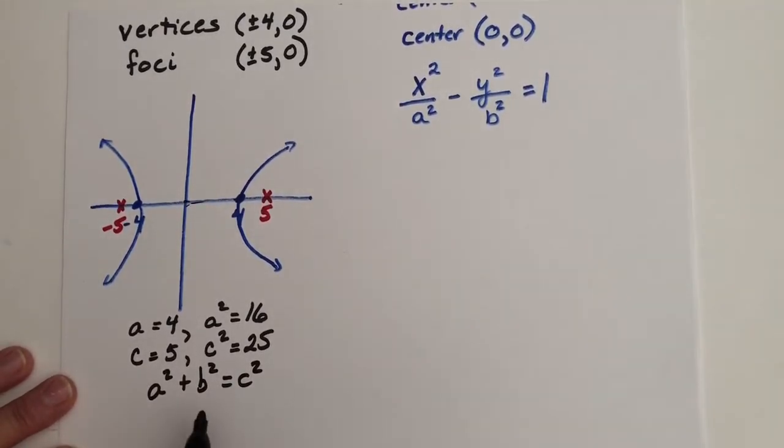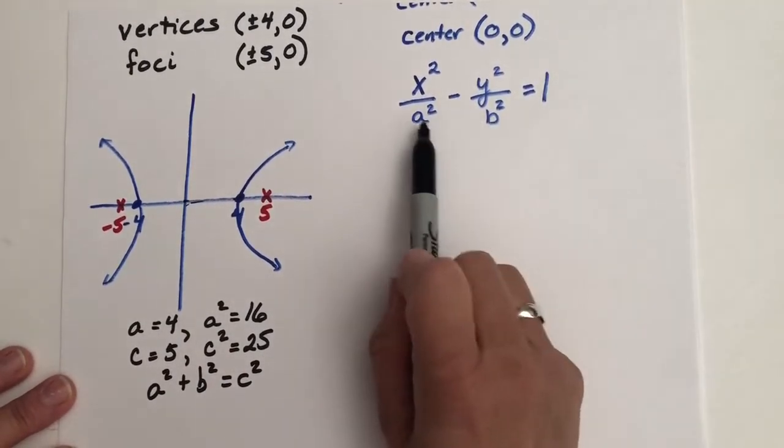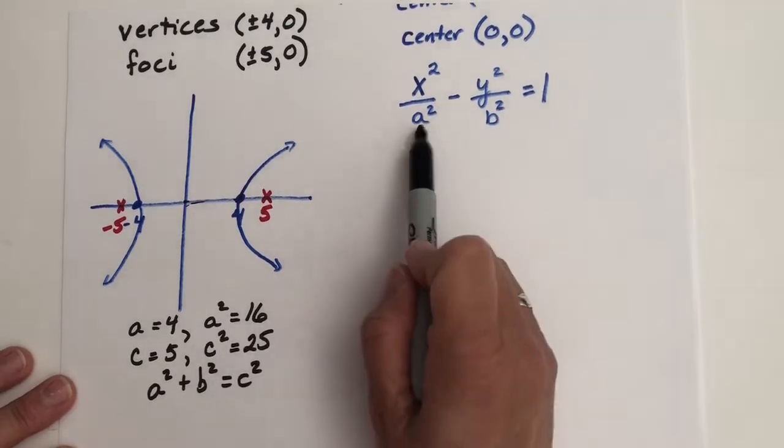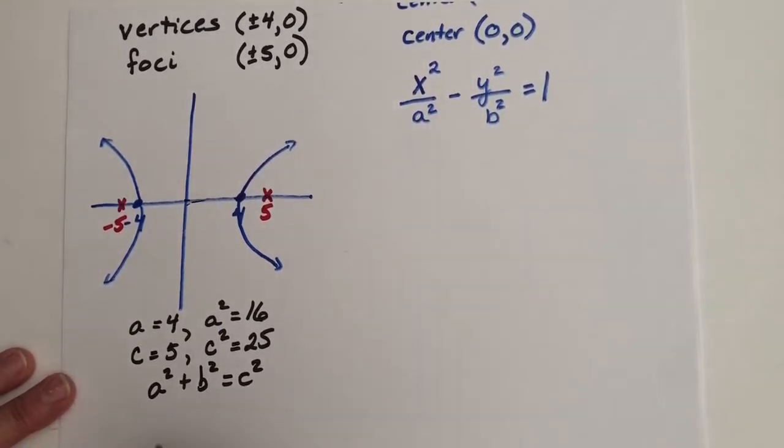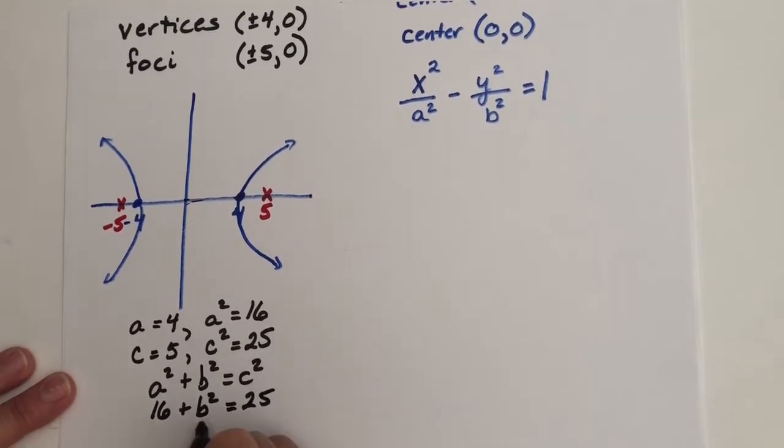So if we substitute in our a squared and our c squared, we'll be able to find b squared and we'll have our equation. We already know the a squared, we just need b squared. So let's substitute in those values. We have 16 for a squared, and we have 25 for c squared. So b squared must equal 9.